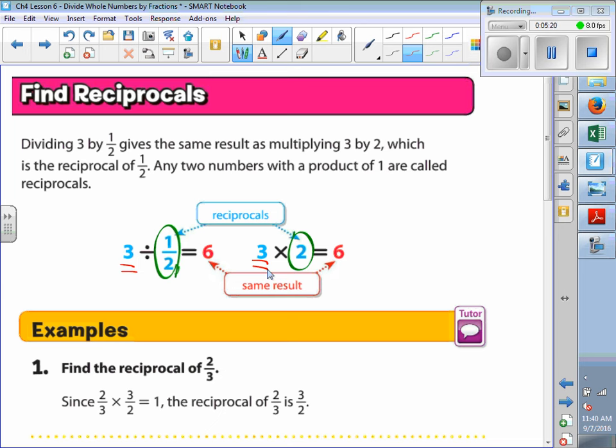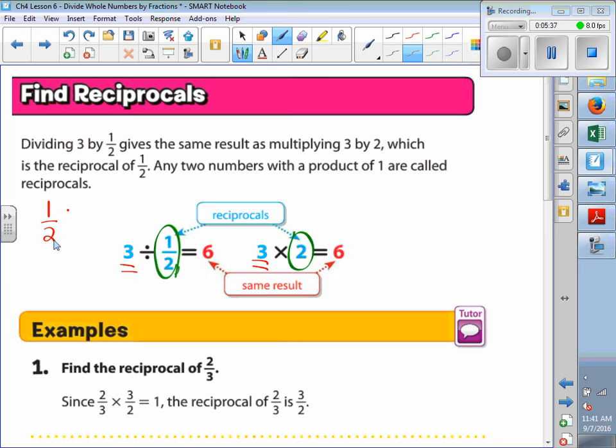The second number, which is a fraction, 1/2, if I divide 3 divided by 1/2, I get 6.